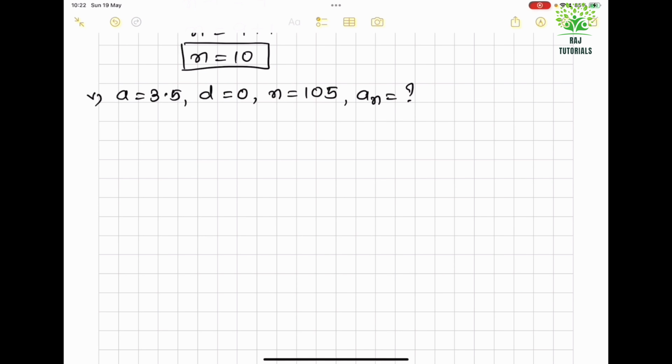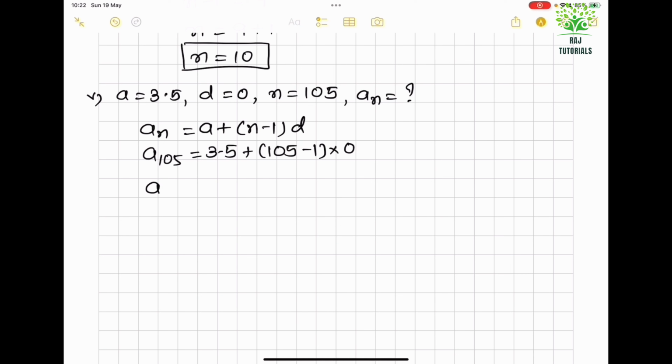So see, AN equal to A plus (N minus 1) D. So A105 will be equal to 3.5 plus (105 minus 1) into 0. Anything into 0 will be 0. So A105 will be directly 3.5.